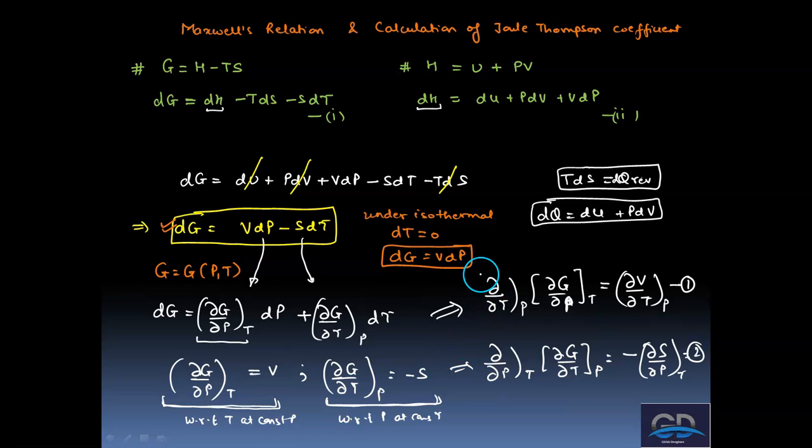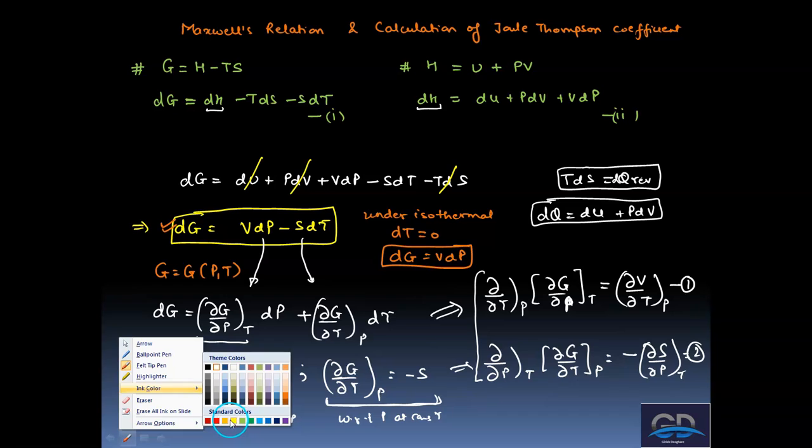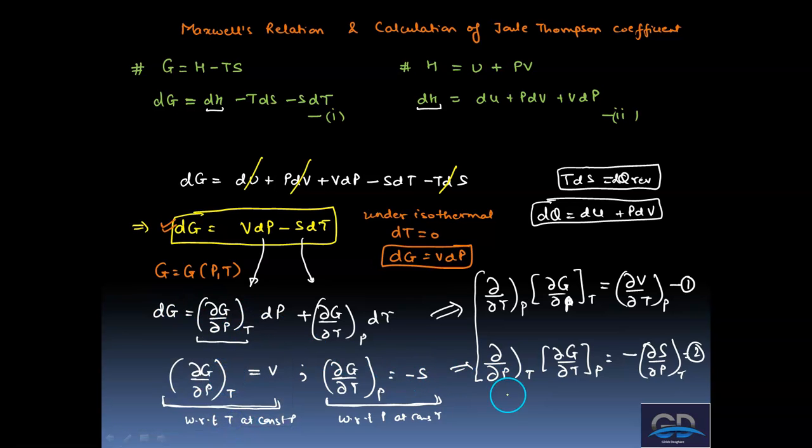So we can see that the left hand side operators are the same, so we can see the equivalence coming from here. Further, we can have this Maxwell relation: minus del S by del P at constant T is equal to del V by del T at constant P. So this is the kind of relation that you can have from the constant variable notations.